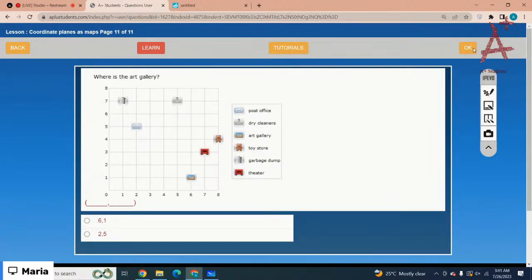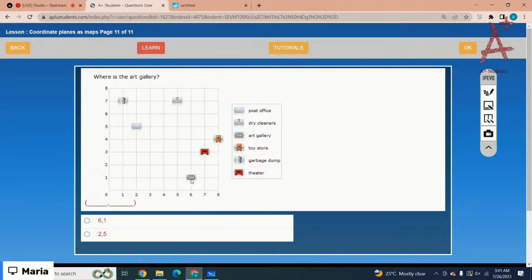Okay, where is the art gallery? Which is the correct option? Here it is.